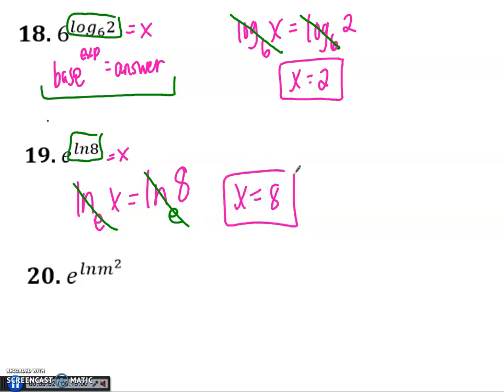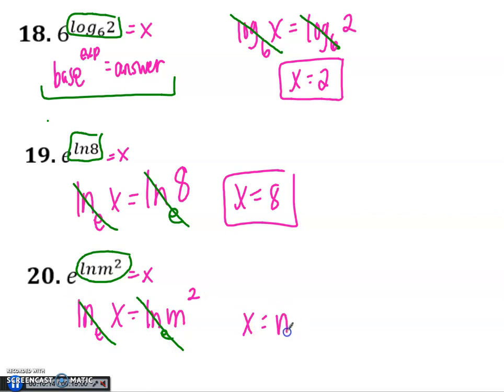I'm going to do these the same every single way so that I don't try and figure out like, oh, well, this one there's a shortcut, and this one, whatever. No, I'm going to put it in the same thing. So now I've got natural log, my base is e, of x is equal to my entire exponent. Natural log of m squared. Okay, those guys would cancel out. X is equal to m squared.